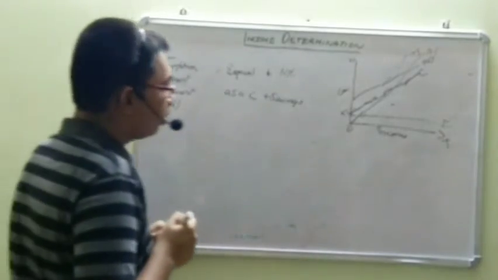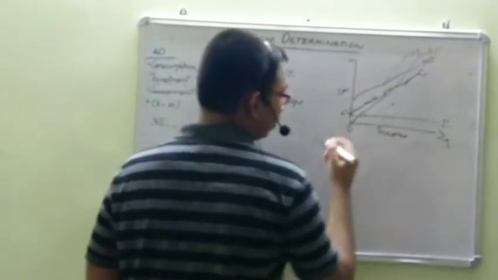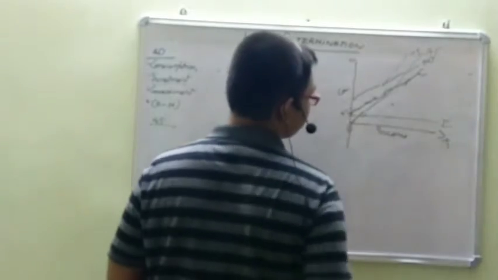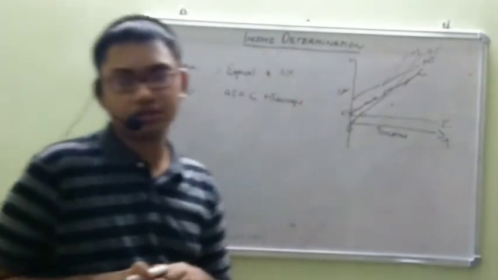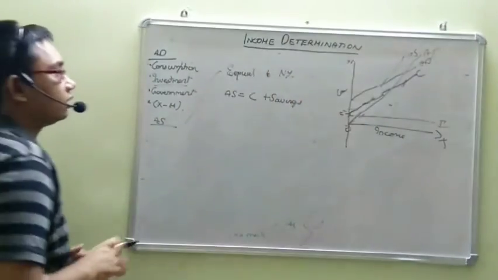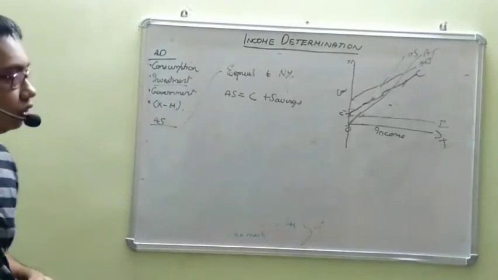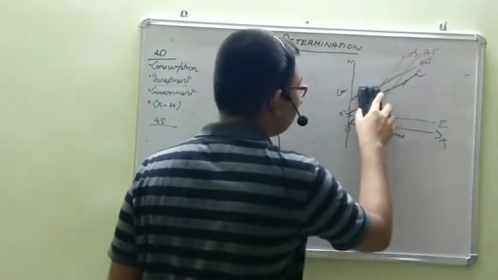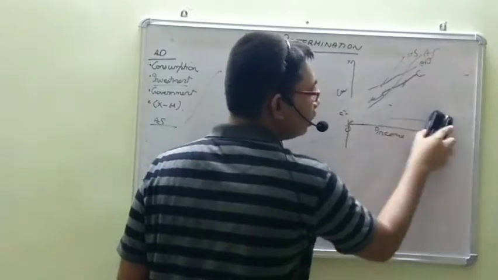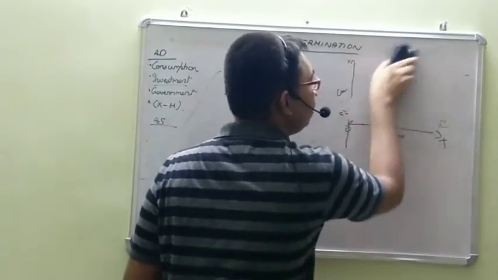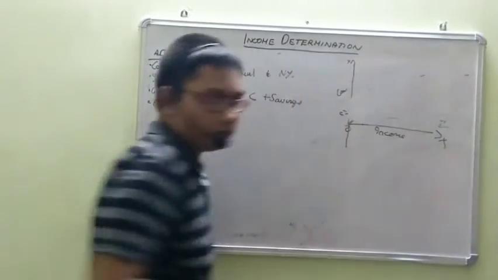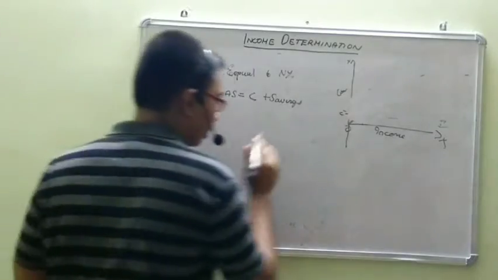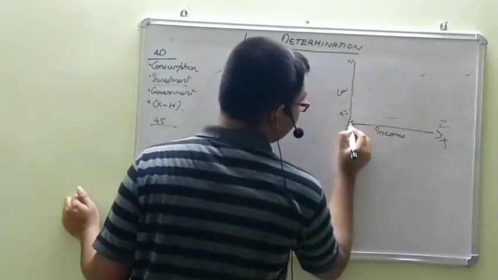Now we'll have to take the savings curve also along with consumption. We studied before that when there is zero level of income, people draw money from whatever savings they have made previously and use it for consumption.